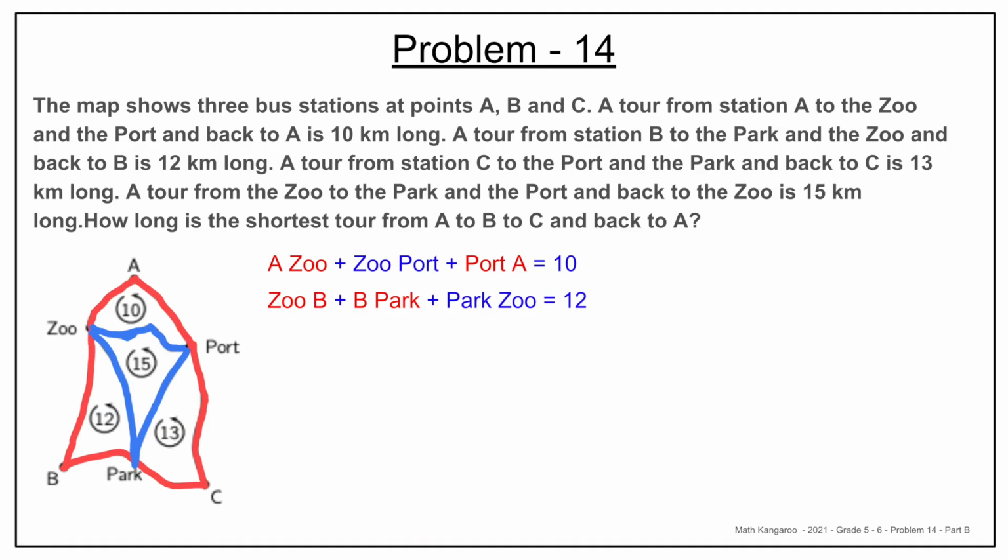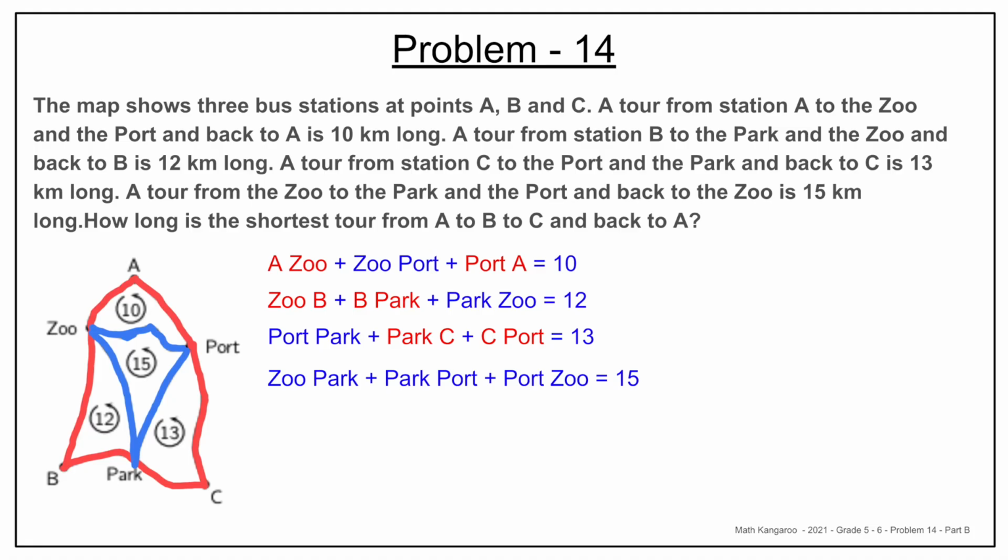Similarly, port to park, park to C, C to port is 13. I have used the sides with red coinciding with the red lines, the blue with the blue lines, so it will be clear for you. Now we have the fourth perimeter given, which is zoo to park, park to port, and port to zoo.